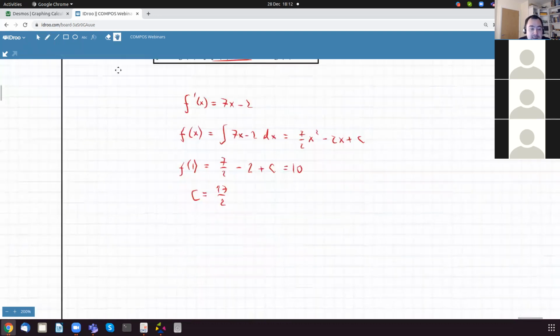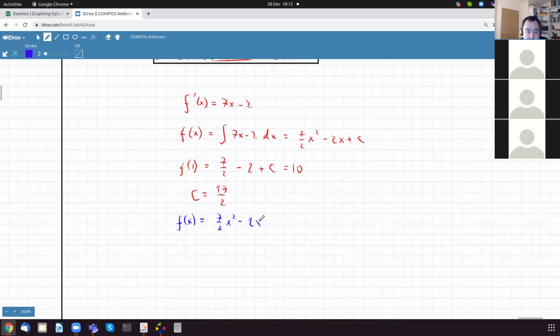And that means that f of x is 7 over 2 x squared minus 2x plus 17 over 2. So we found f of x.